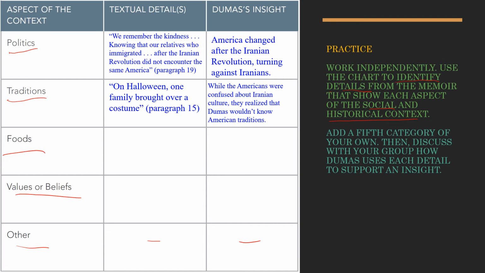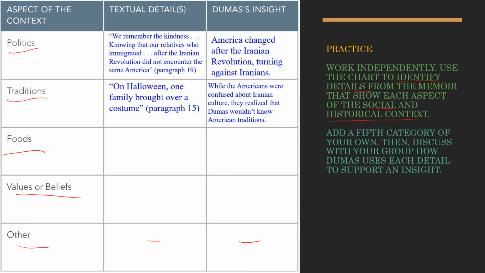While the Americans were confused about Iranian culture, they were not sure about it. They were mistaken in a lot of aspects about Iranian culture. They realized that Duma wouldn't know American traditions. That's why they brought her this costume on the occasion of Halloween.